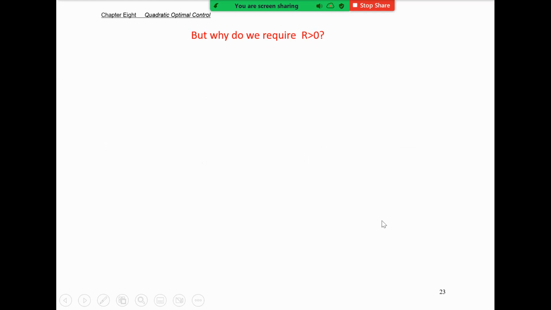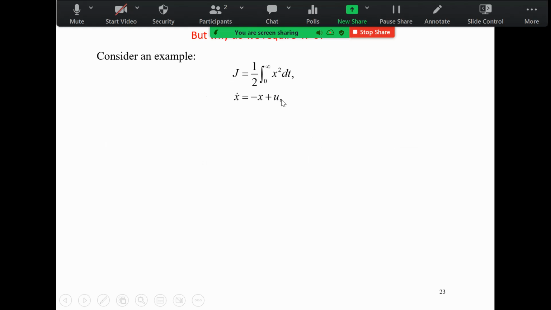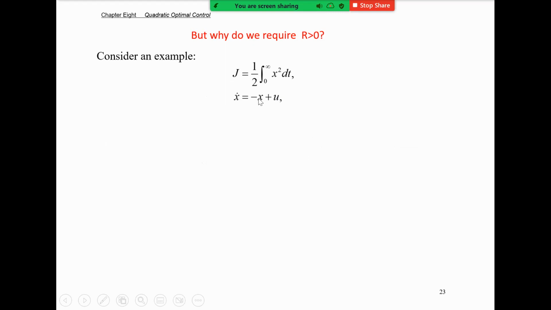Finally, let's talk about this condition. We require R to be positive definite. Again, let's just look at a very simple example here. This is a system, and of course this system is stable, because here we have a minus X. For this cost function, Q is 1, but R is 0.